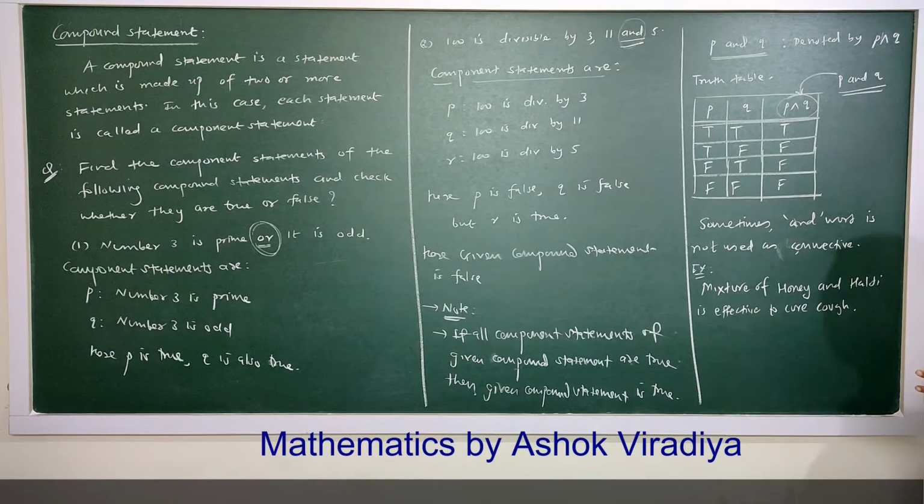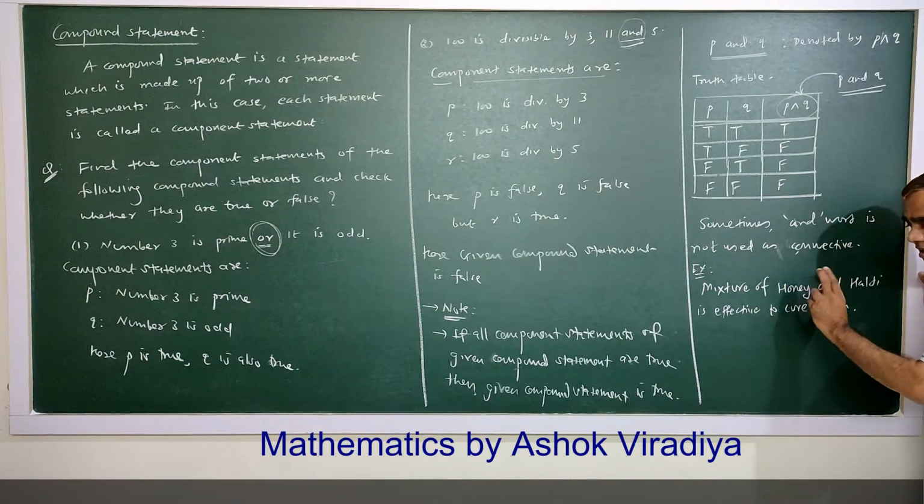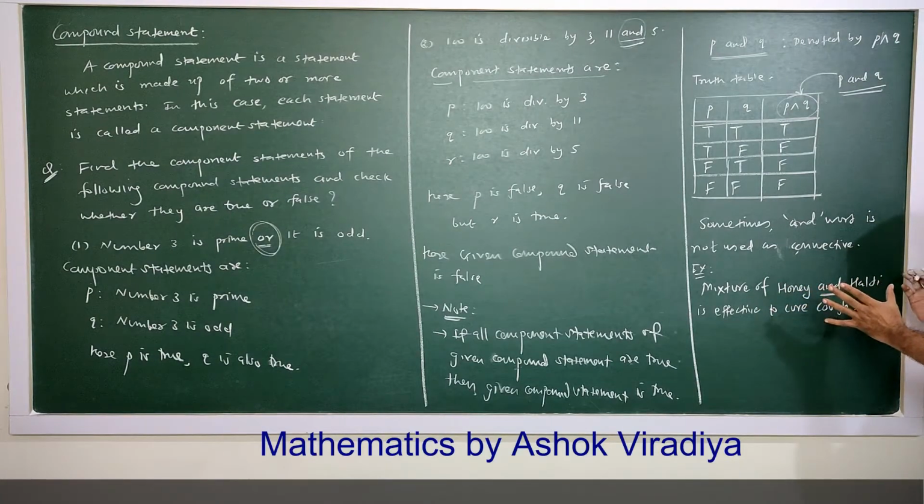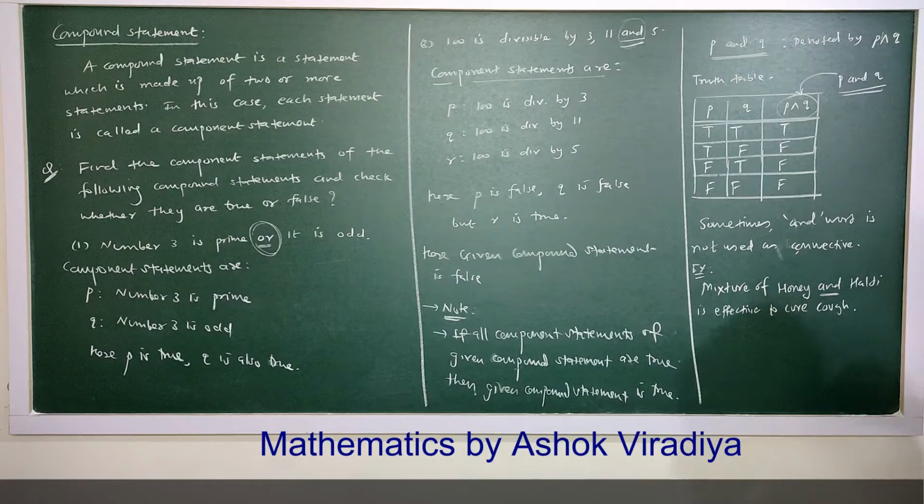Observe this statement. Mixture of honey and haldi is effective to cure cough. But look, here AND is not used as a logical connective, because from these statements we cannot find two component statements.